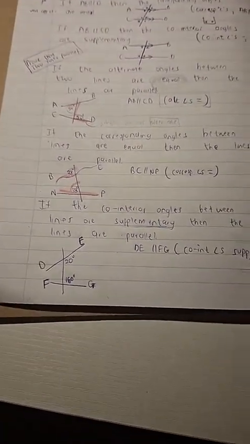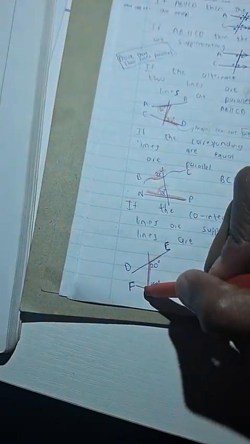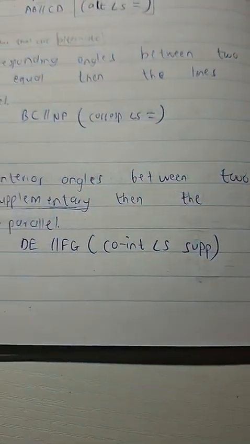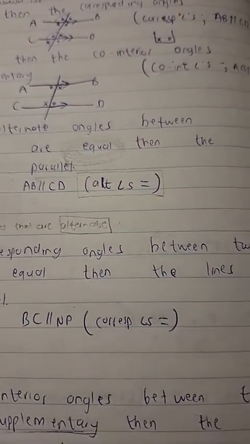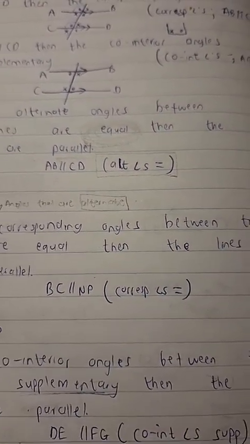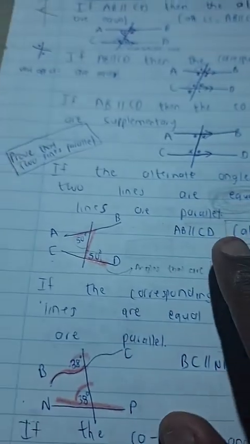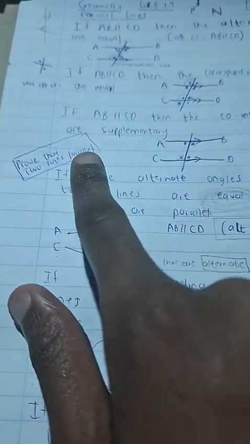Okay, so guys, this is in the acceptable reason document, and probably kids wonder all the time, what reason do we use when we want to prove that lines are parallel?